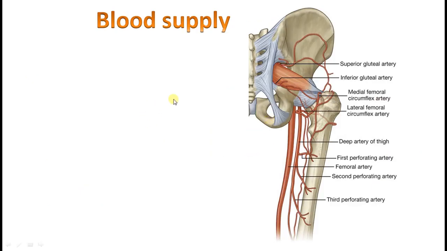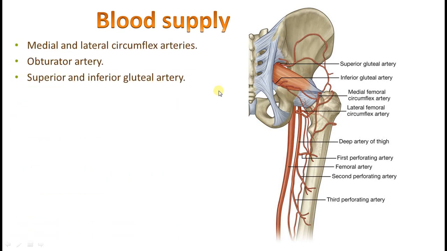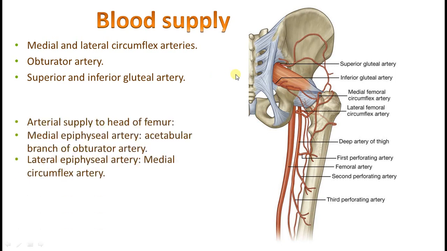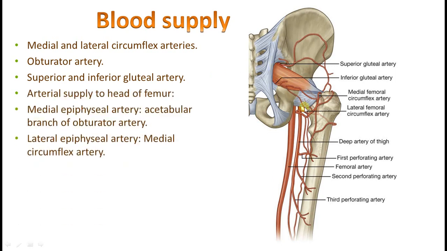Blood supply is mainly by the medial circumflex, superior gluteal, lateral circumflex arteries and the obturator artery. Mainly to the head of the femur, because it is present within the capsule. You have the medial epiphyseal arteries, which are acetabular branches of the obturator artery.